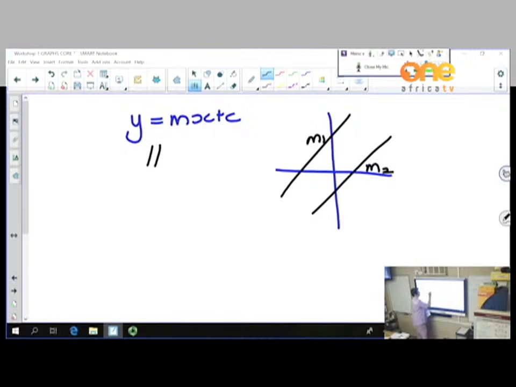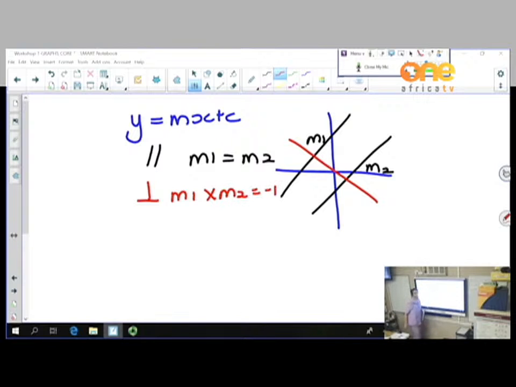So they are parallel, then your two gradients are equal to each other. Then it's like a railway. But they can also be perpendicular. And then we say they are perpendicular if m1 times m2 is equal to negative 1. Okay, but we'll go further with that information later on.